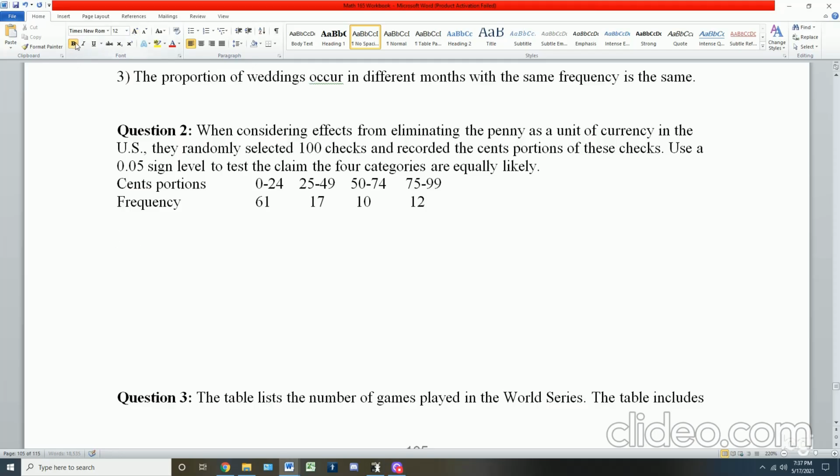So let's write a null and alternative hypothesis. Okay. So null hypothesis is the proportion of, and what we're talking about, pennies, right? So the proportion of recorded pennies of these checks is the same for all categories.